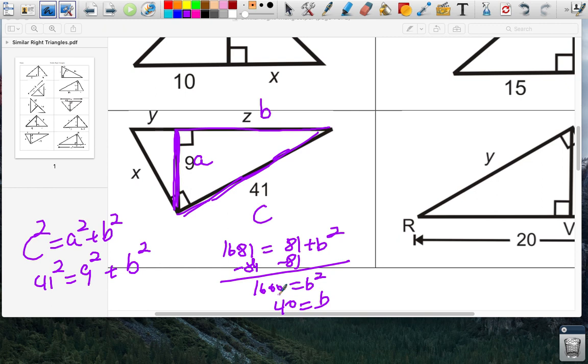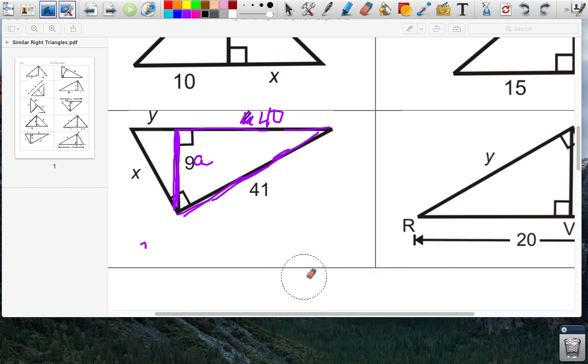That was nice. So we know that b, this value over here, okay, let me erase that. I just found that this value is 40. I don't know why yet, but slowly get to that. So let me erase that because I don't need it.